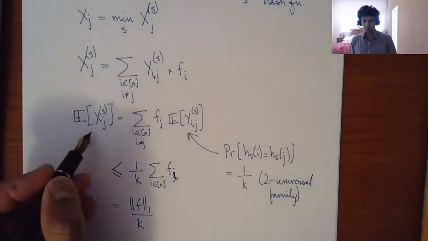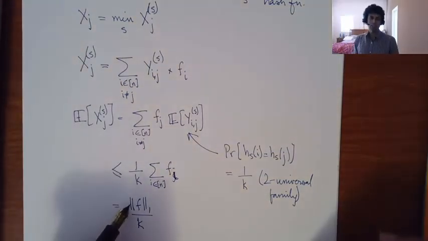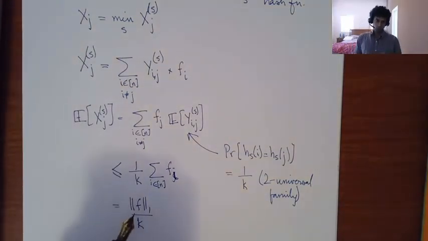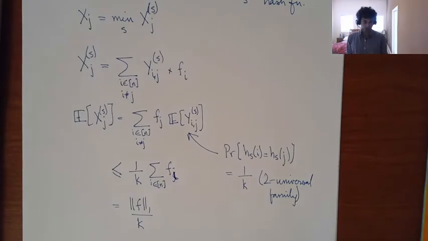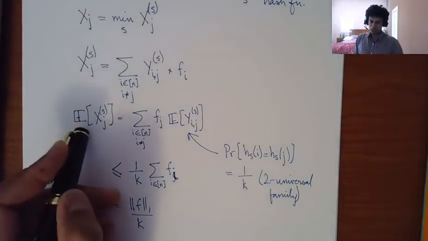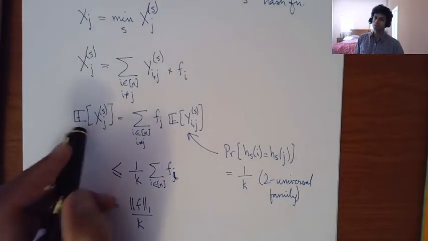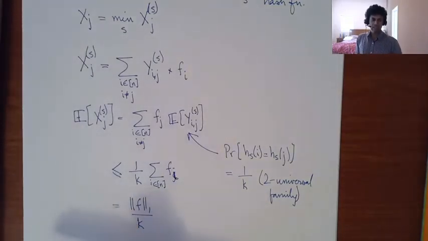So the expected overcount is precisely the total sum of counts divided by k. This is one part of the magic, and the second part is going to show you that the min is the right thing to do. The expected overcount is exactly the error that you're looking for. Questions?